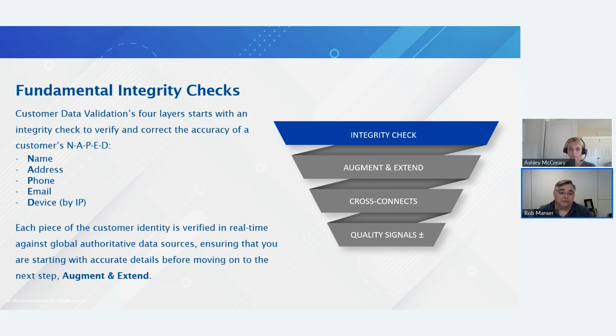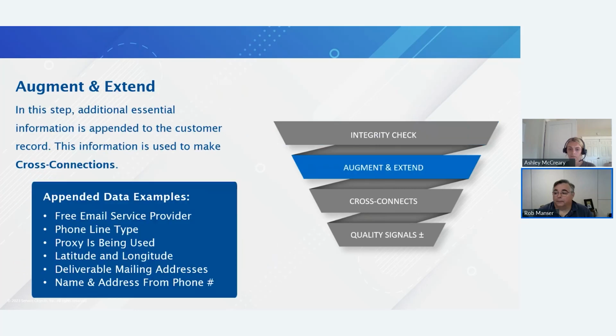So if someone mistyped their address or their email address was entered incorrectly, we're going to correct all those things, because we're going to use that data in the next step, which is to augment and extend the customer data. In this step, we're essentially going to be appending other information that we can derive from those 5 data points. A simple example is if you're looking at IP, we might be able to determine that they're using a proxy. A proxy is a very good indicator that fraud is at play or could be at play.